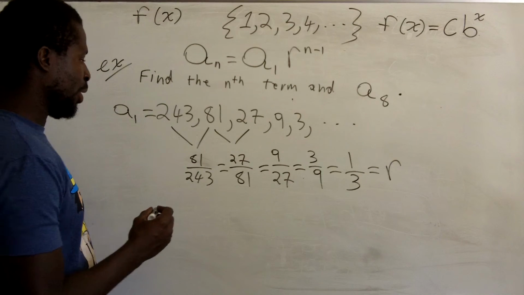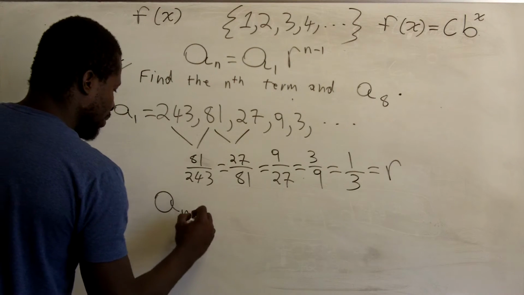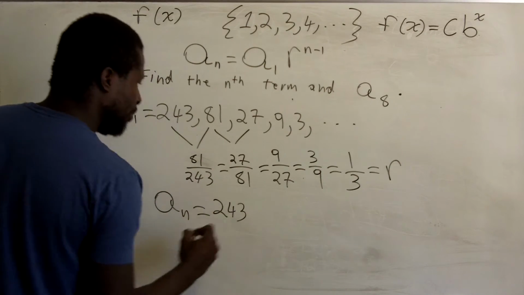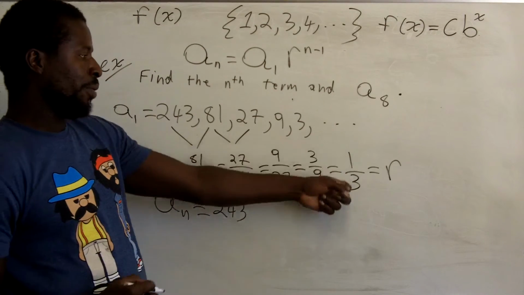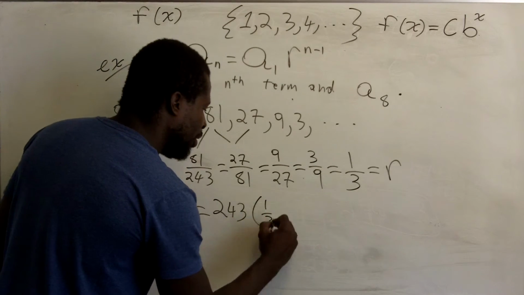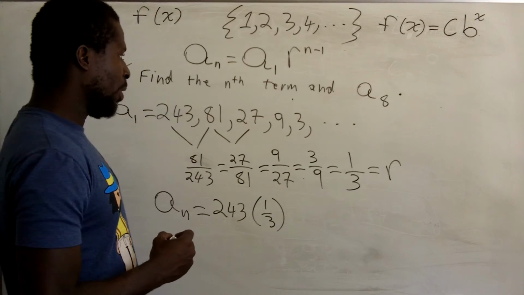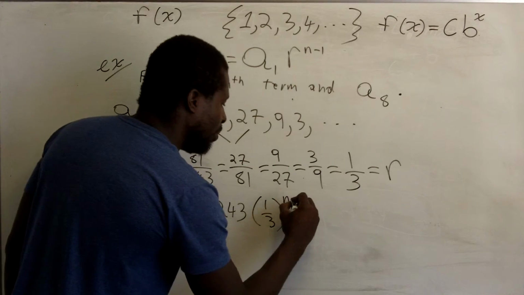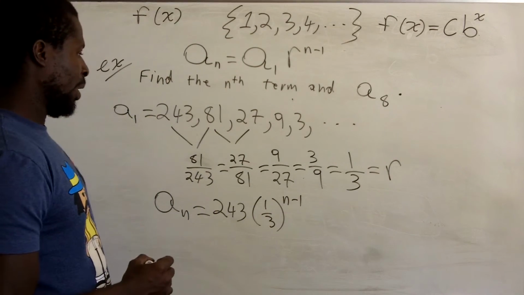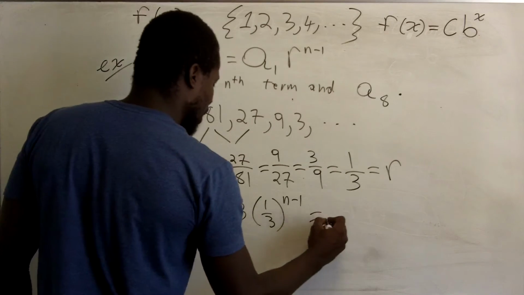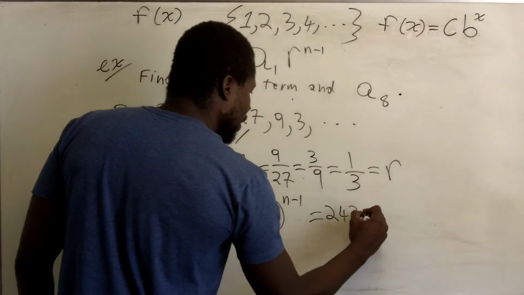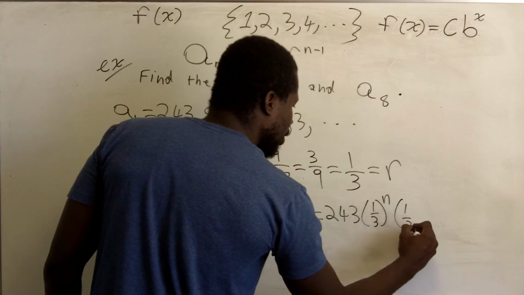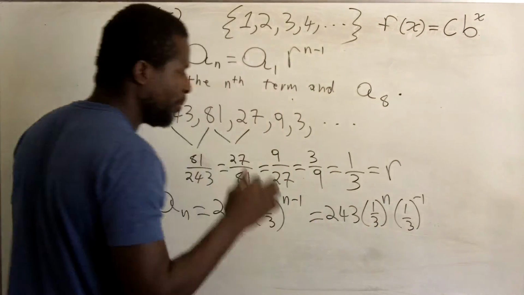So I can find the nth term. The nth term is equal to a1, 243, multiplied by the common ratio, which is 1/3, raised to the power of n minus 1. And there's the nth term. You can simplify it: 243 times 1/3 to the nth power times 1/3 to the negative 1 power.